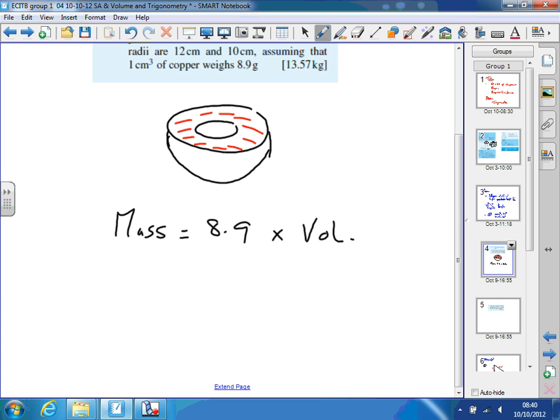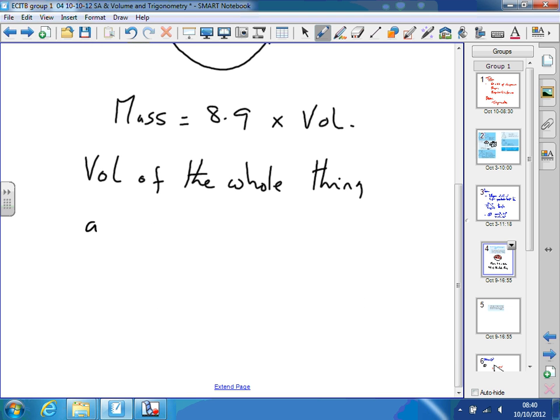Right, yeah, so we want to find the volume of the outside, or if you like, the whole thing, assuming there was no dip in it. Is that making sense? Yeah, the volume of the whole thing, and take away the volume of the hole in the centre.